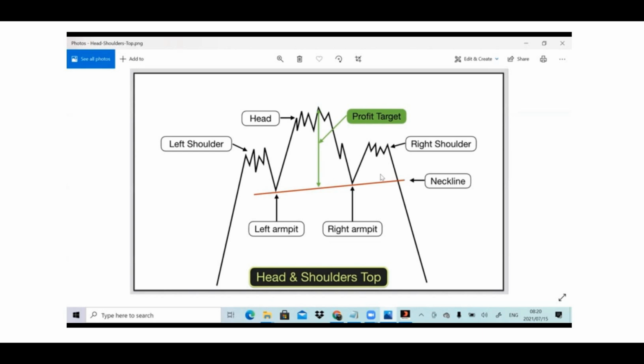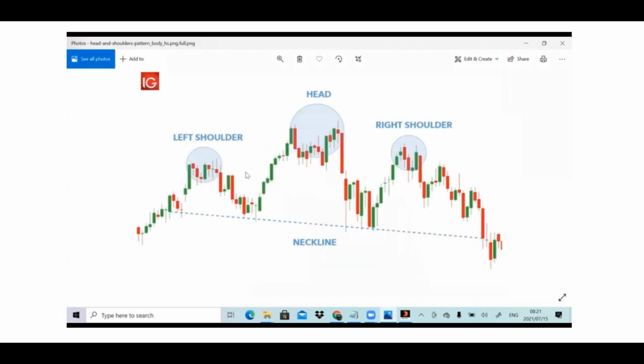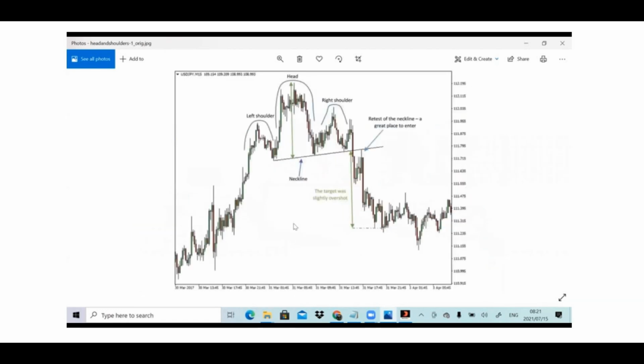So necklines, they can be in an angle and they can be straight. You can take this one reference point. It will be this armpit, then as it moves it becomes a line. Okay, also this one, same story here, left armpit, right, and you had your neckline.